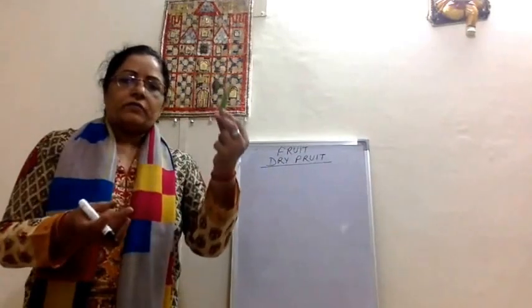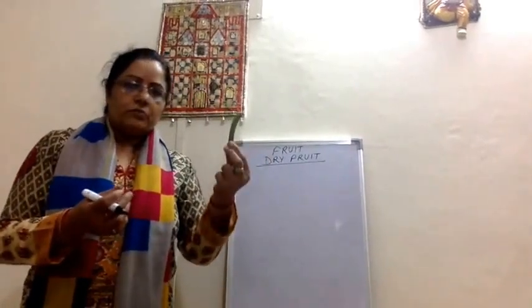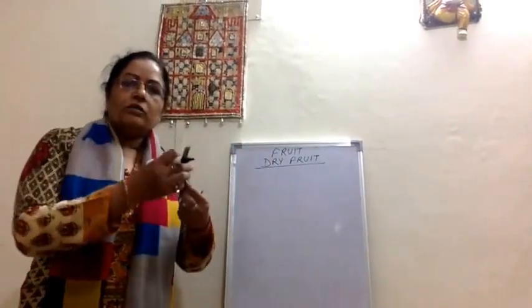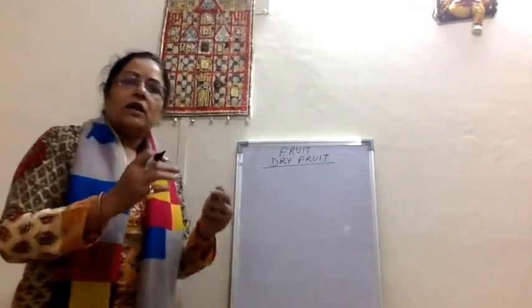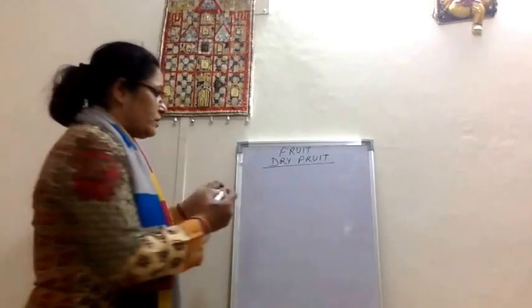Like this is a dry fruit, pea, legume. How they open, how they split open, that is called dehiscence. They are all based on the basis of dehiscence.